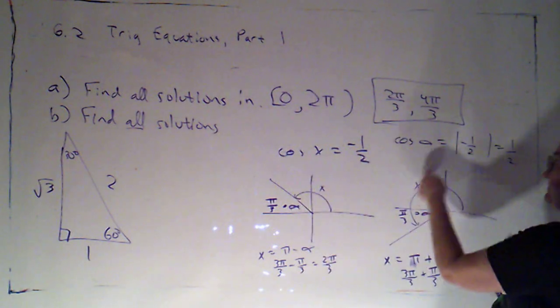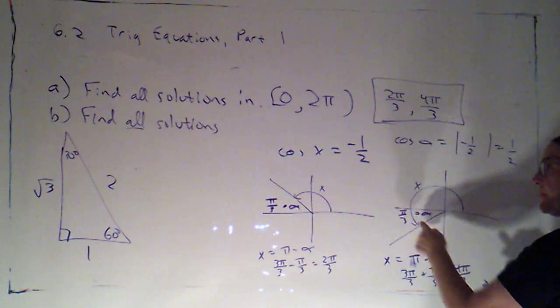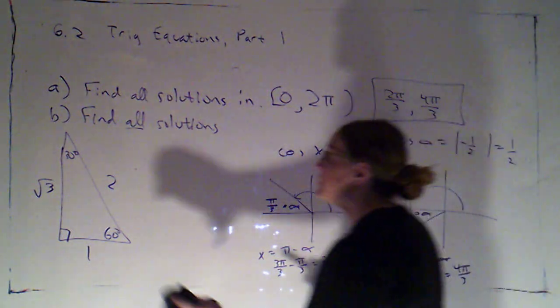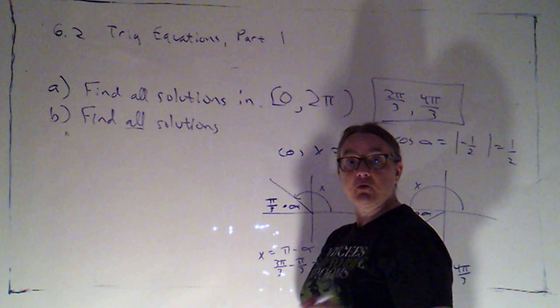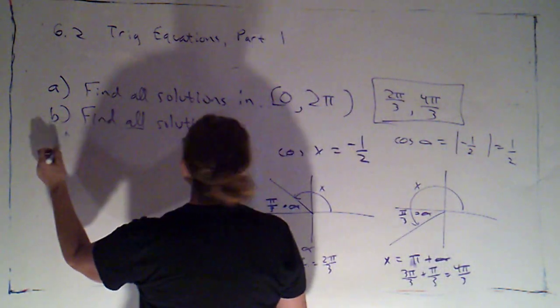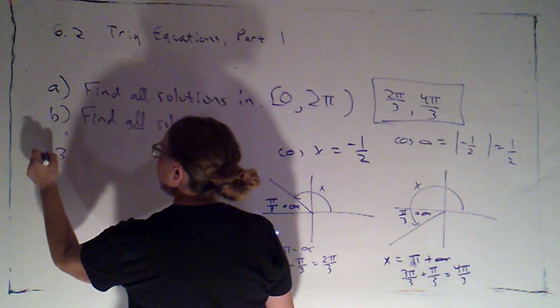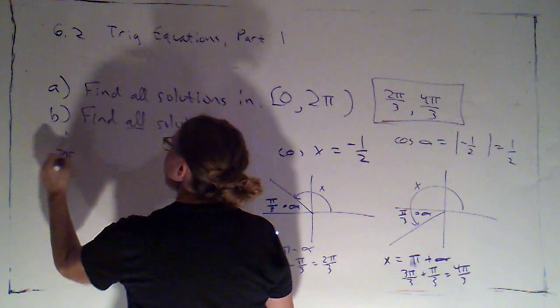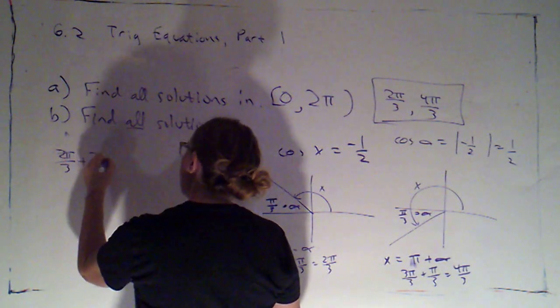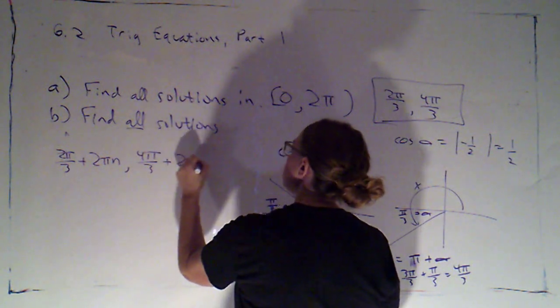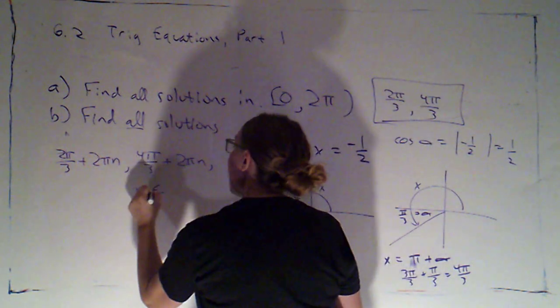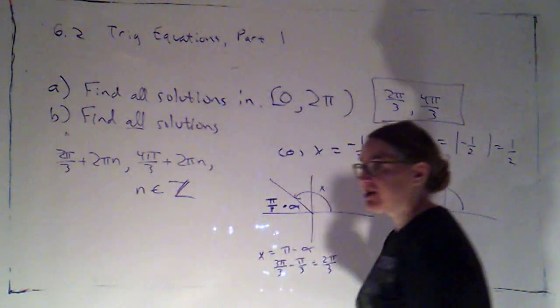Could be a positive number, could be a negative number, but it's got to be an integer multiple of 2 pi to correspond to a full revolution. So I would have 2 pi over 3 plus 2 pi n, or 4 pi over 3 plus 2 pi n, where n is an integer.